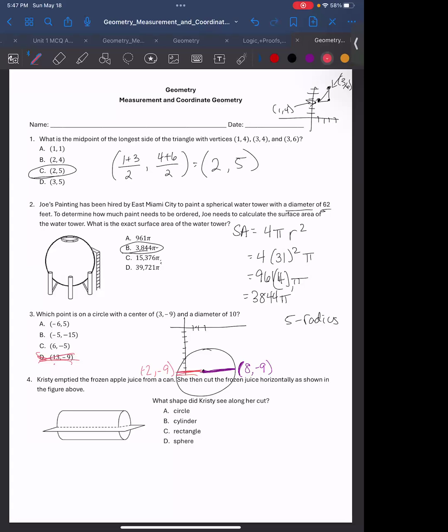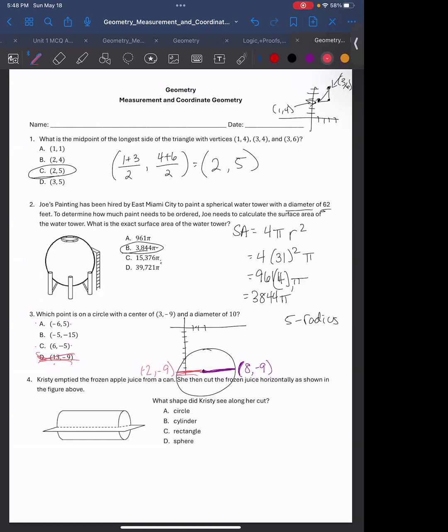B. Well, yes, I would want to eliminate B, but I want to focus on A and C. Because if I have 2 answers that are similar, I want to try to eliminate one of those 2. Most likely it's not going to be B. It's going to be one of the 2 that look similar. So now I need to figure it out.